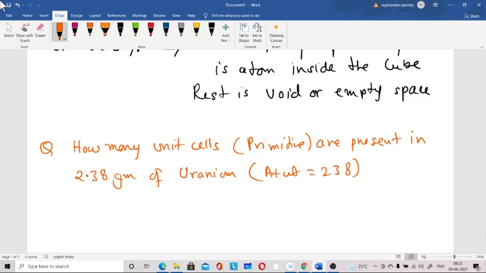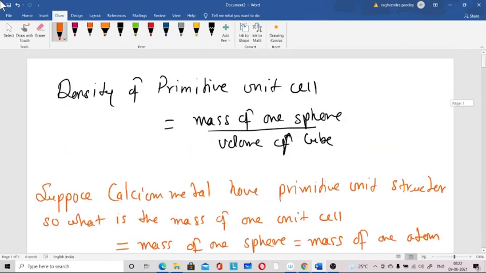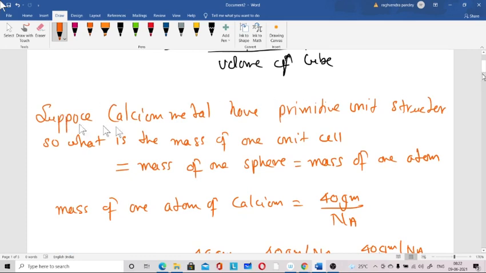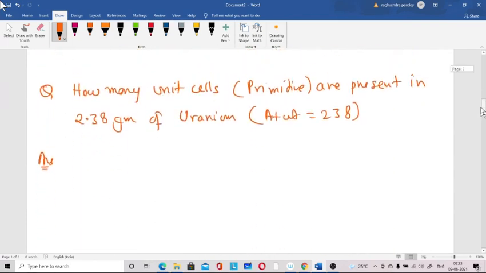Okay, good. So here, I told you above that the mass of one unit cell is equal to the mass of one sphere, that is, the mass of one atom. So here also we can do that.